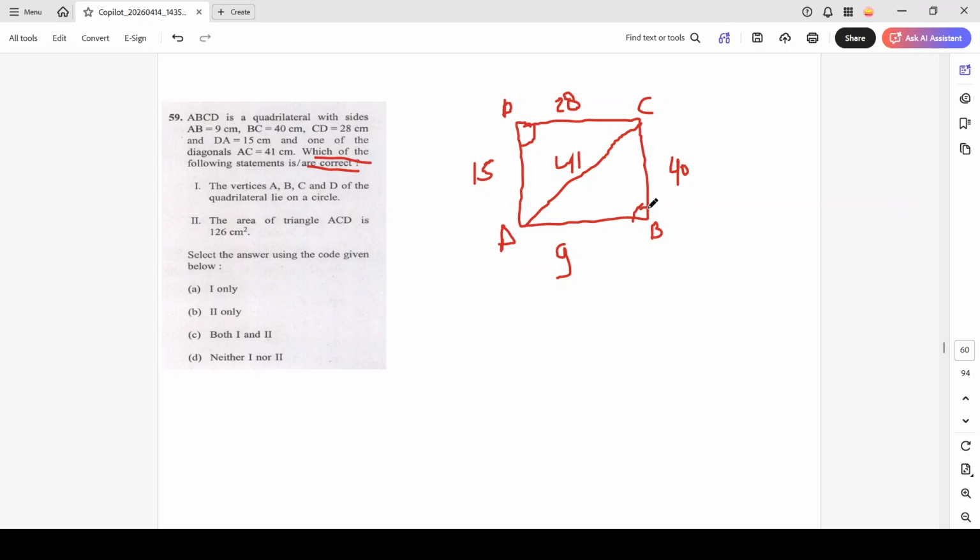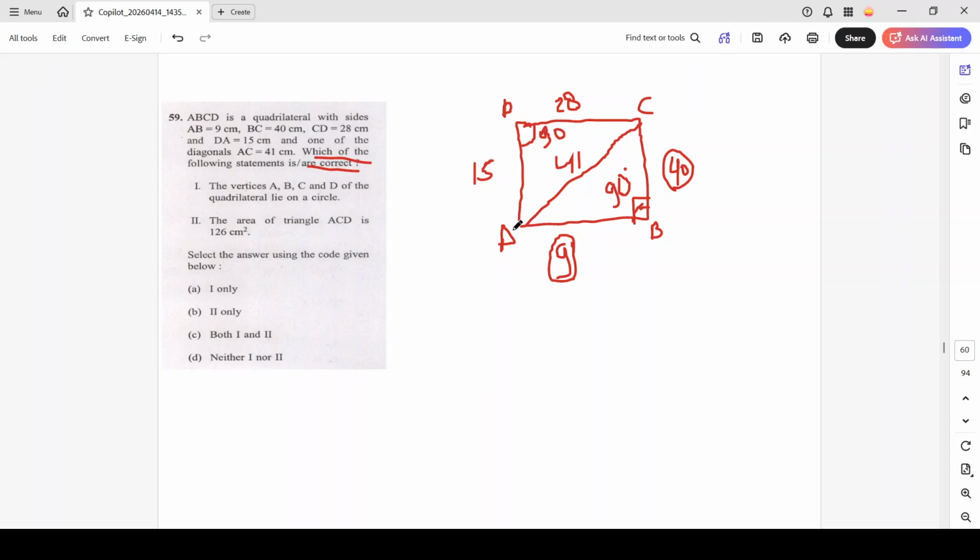So if we see this triangle ABC, we found that 9, 40 and 41 are triplets of a right angle triangle. That means this is 90 degrees. So this must be 90 degrees for it to become a cyclic quadrilateral.